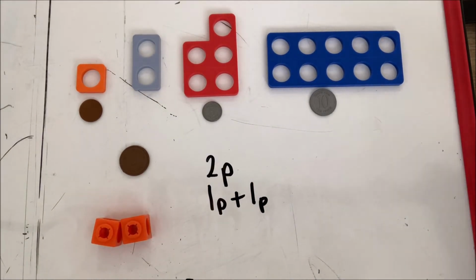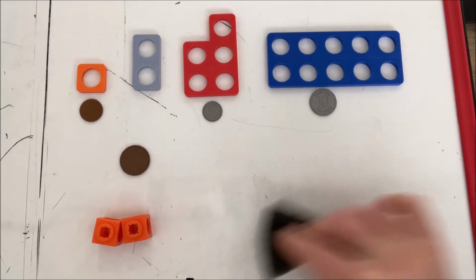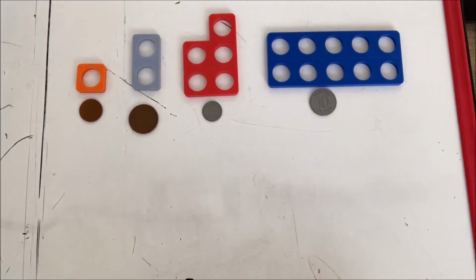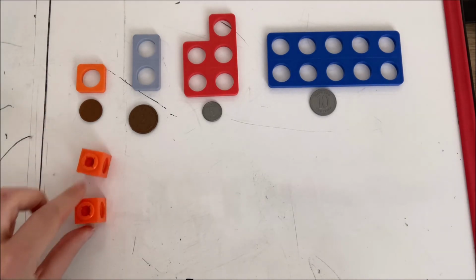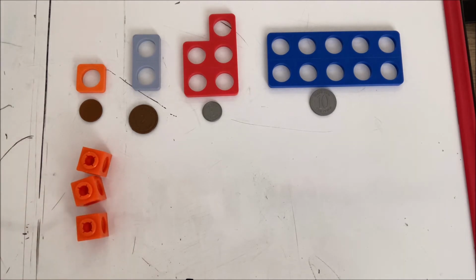Let's think about if I wanted to make 3p. As you can see, we do not have a 3p coin. So instead, I have to add coins together to make this amount. The easiest way to do that is with 1p's. If I added 3 1p's together, that would make 3p.